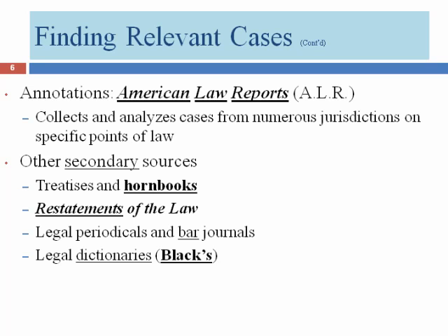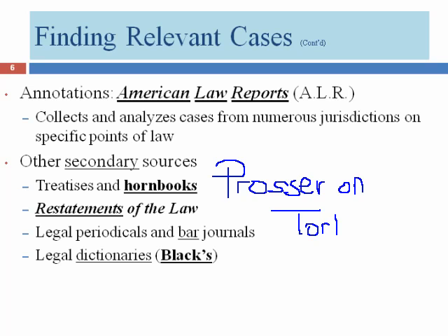Things like, I guess the most famous is Prosser on torts. Prosser passed away now, but Dean Prosser was a tremendously respected law professor, and he wrote a book on torts. And because it was, of course, the name of the book was Torts, but it became so synonymous with him that people call it Prosser on torts.